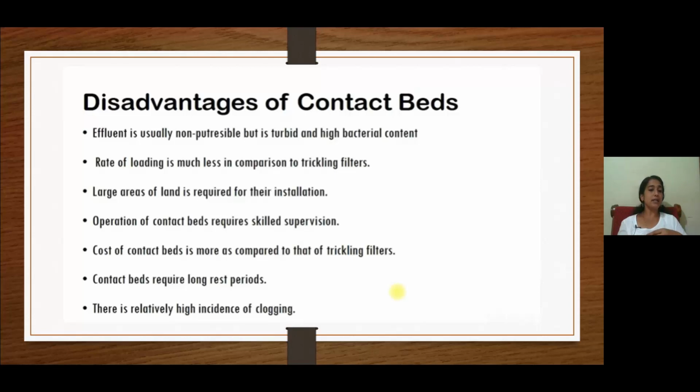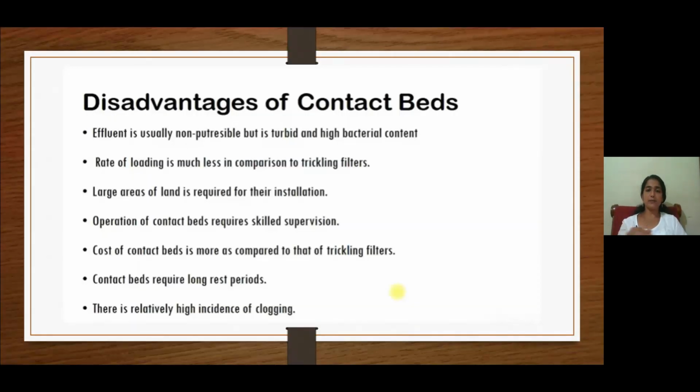And the contact beds require long rest periods. That is, 4 hours of rest period is required, and there is relatively high incidence of clogging because of the presence of these larger organic matters present in the wastewater. These are the disadvantages of contact beds.